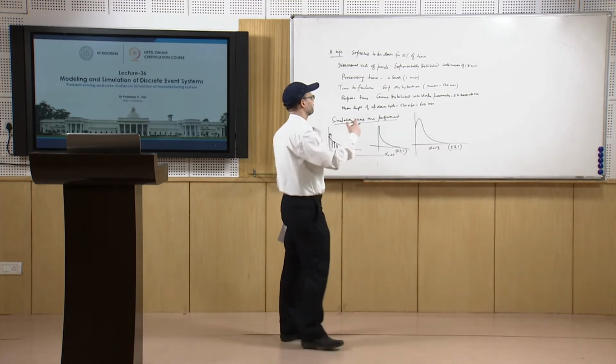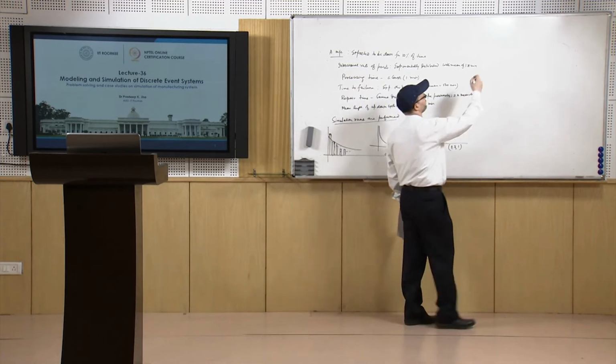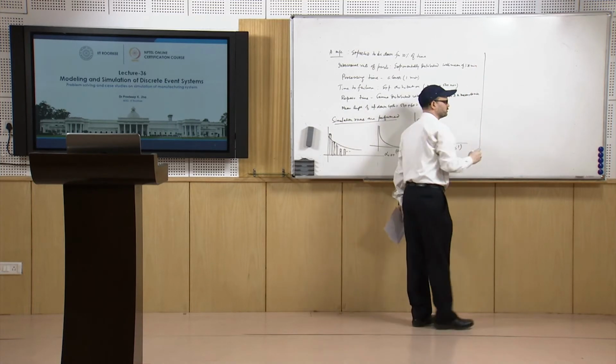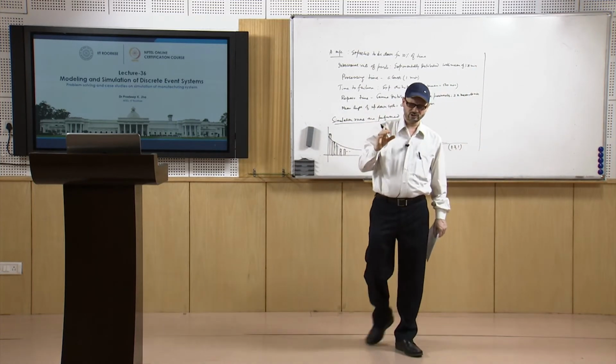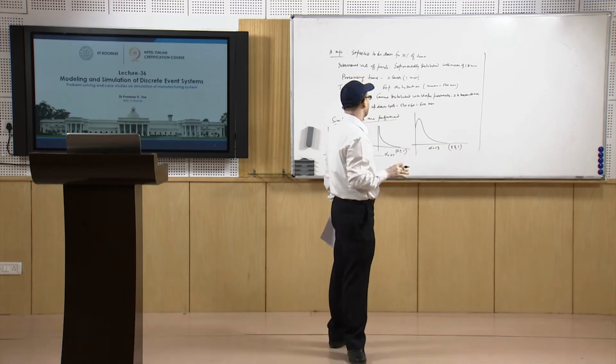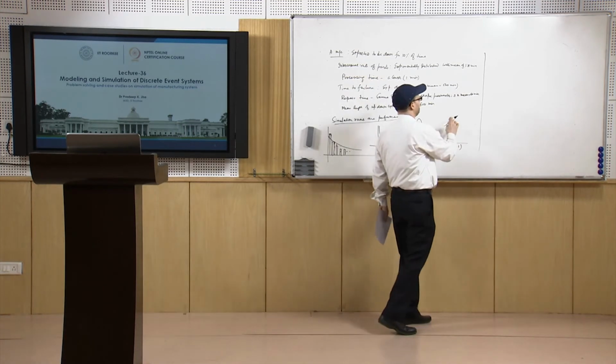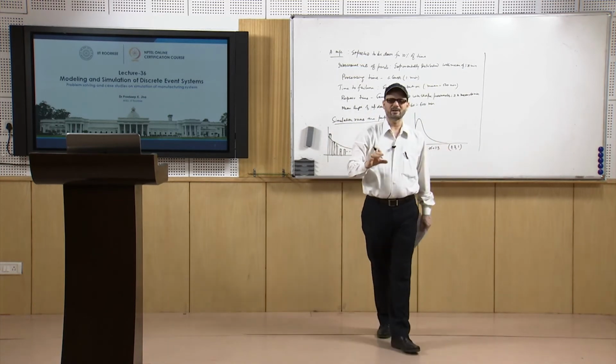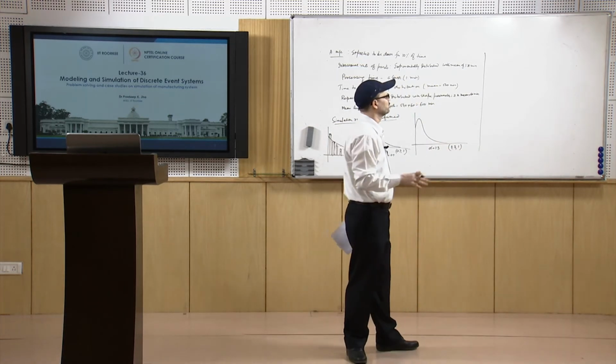Now, another thing we need to specify, once we know these shape parameters, is the beta B and beta D, basically for the busy time as well as for the downtime.